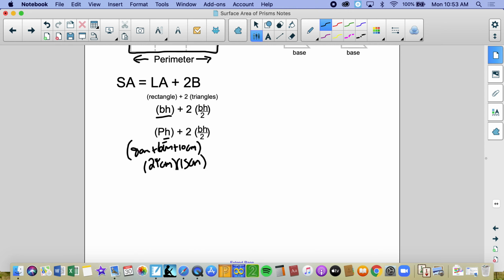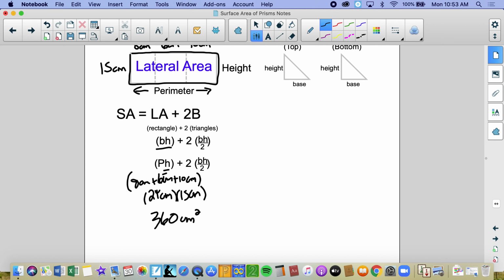So in the handy dandy calculator, I'm going to take 24 and multiply it by 15, and I get 360 centimeters squared because I'm multiplying centimeters times centimeters. That would be the lateral area.